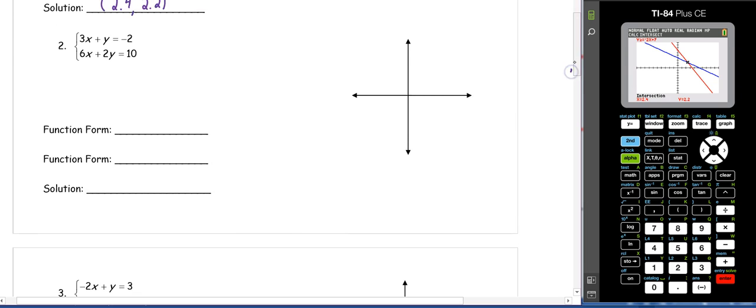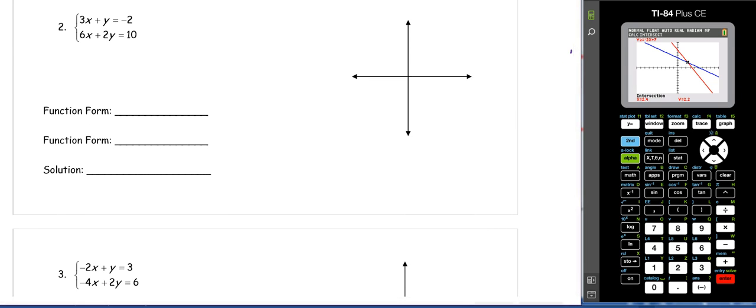In number 2, we have the equations 3x plus y equals negative 2 and 6x plus 2y equals 10. The first equation we need to get into y equals form, so I'm going to subtract 3x from both sides, and I get y equals negative 3x minus 2.